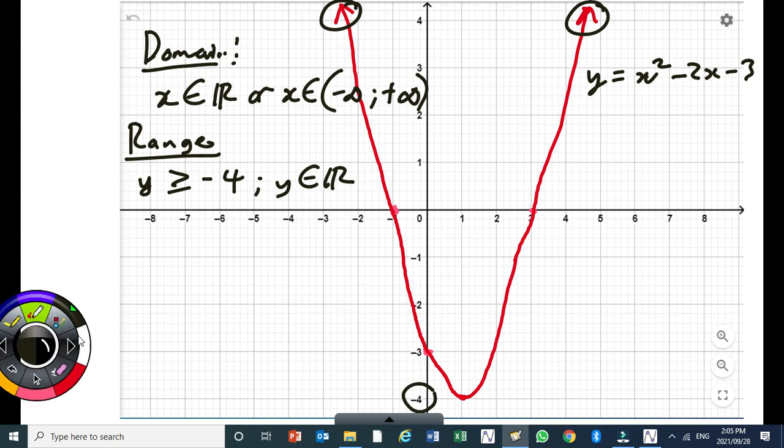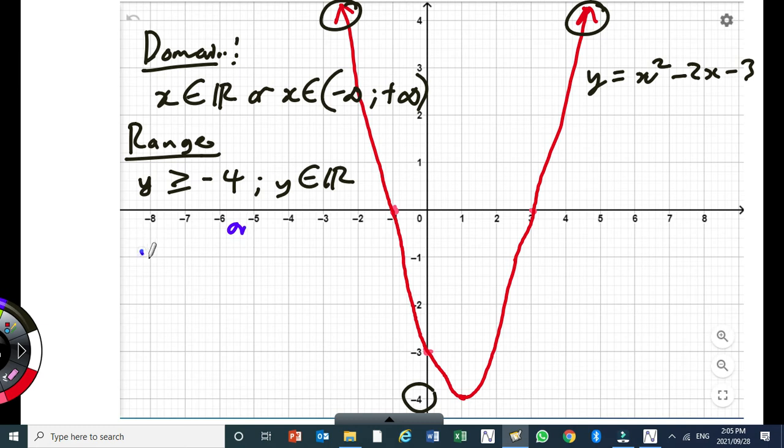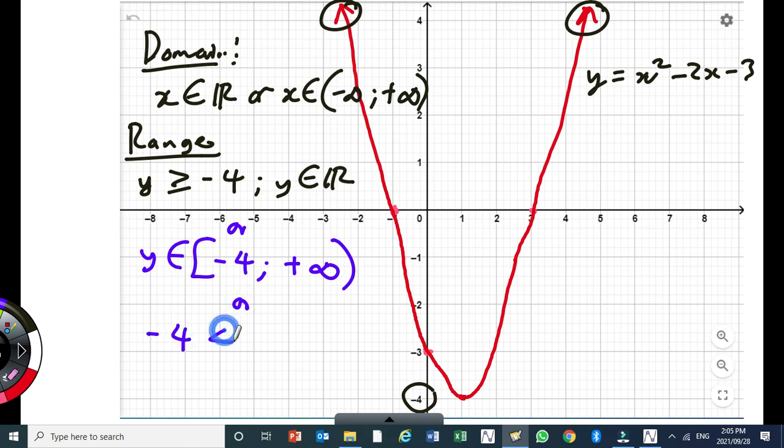We can also write that range using brackets. So that will be y is an element of the interval starting from minus 4, and minus 4 is included, that's why I'm putting the square bracket, up to positive infinity. You can also write this using inequality signs: minus 4 is less than or equal to y, which is less than positive infinity.